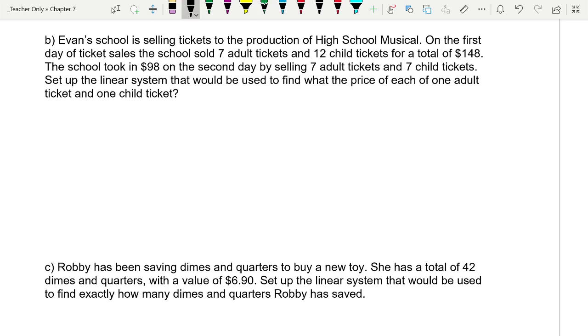And I think what we're going to say is, what is the price of each one? So I'm going to let x equal the price of a child ticket, and I'm going to let y equal the price of an adult ticket.